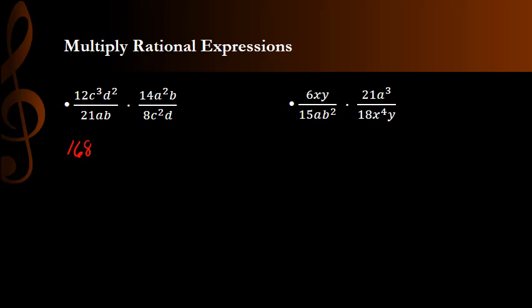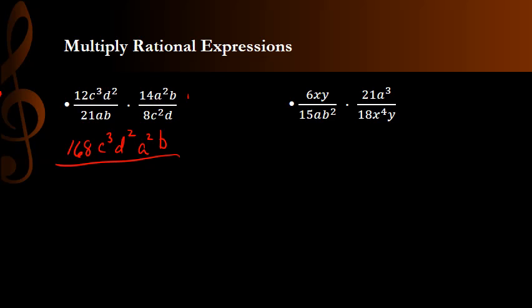All right, and then c cubed. I don't see a c term in the numerator on the right side of this, so we got c cubed. And I don't see a d squared or d, so I got c cubed, d squared, a squared, b.